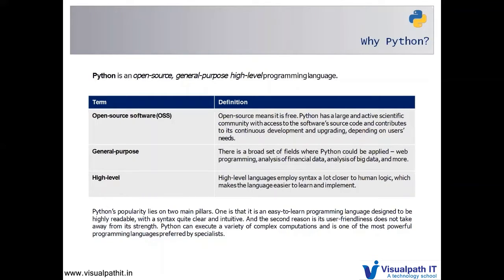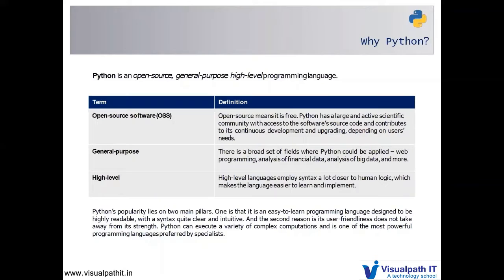So there is an active community which keeps on contributing to the Python software, and they have the access to the source code, and at the same time, because it is free, we can always have the flexibility of getting that upgraded code.